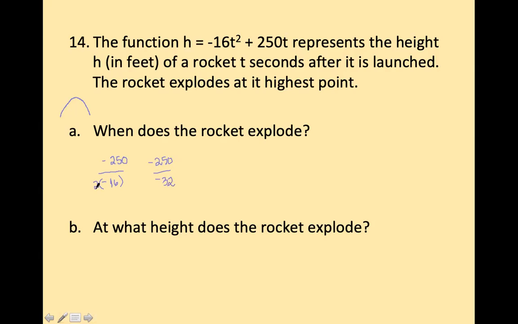And that's some crazy decimal number. I'll just tell you, I think it's t equals like 7.8 something. And you can do that on your calculator, right? So the rocket explodes 7.8 seconds after launch.